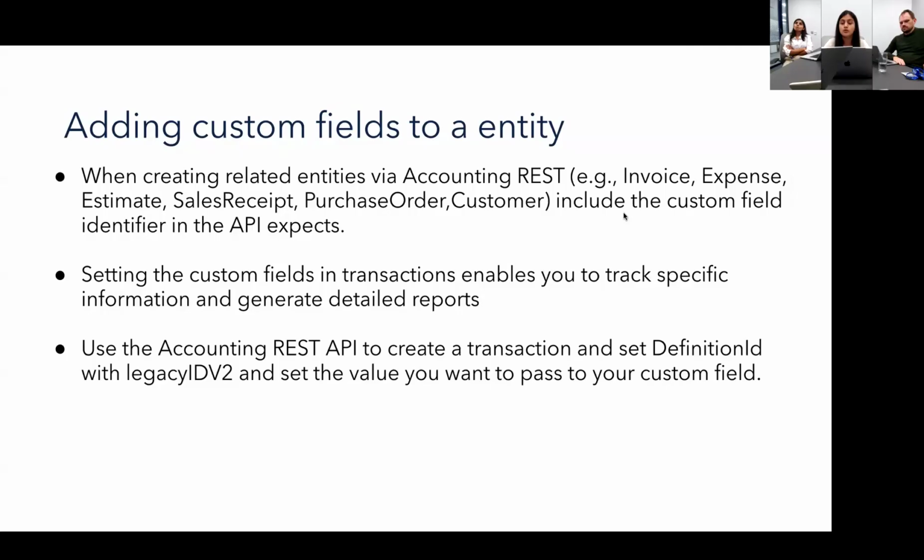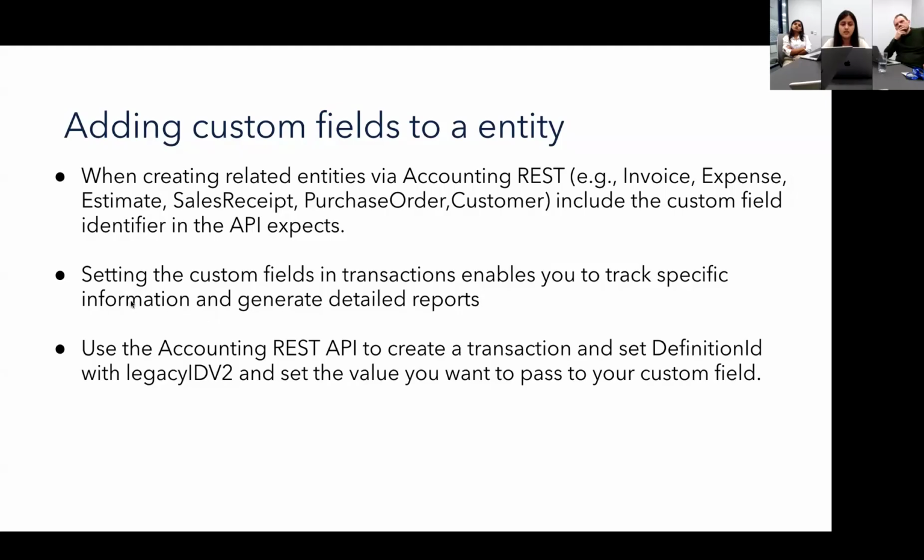Also, do not forget to include the custom field identifier in the API request body of the entities that you're creating. Those entities could be the invoice, customer, sales receipt, estimate, and so on.